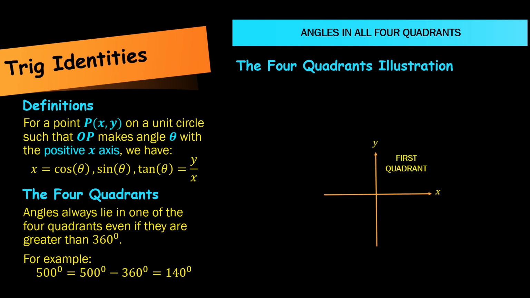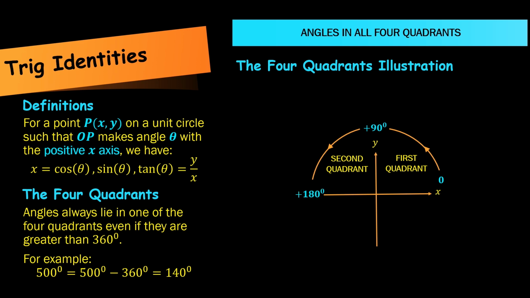This is the first quadrant, and we begin at 0. Here's 90 degrees, and we go into the second quadrant, between 90 degrees and 180 degrees.